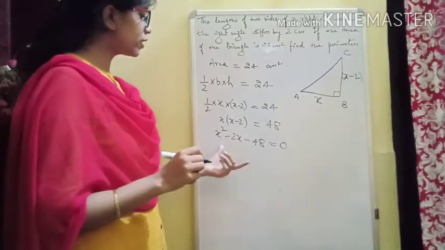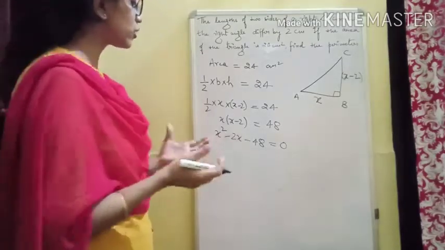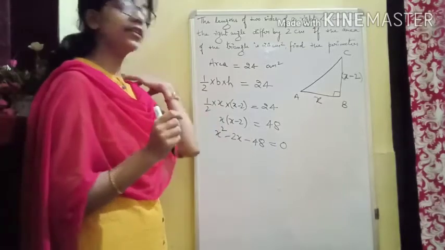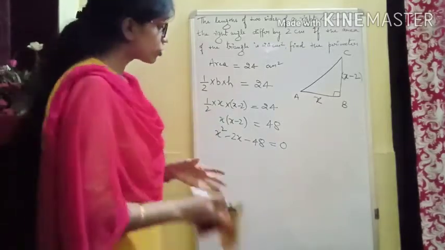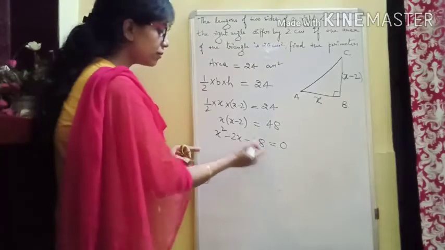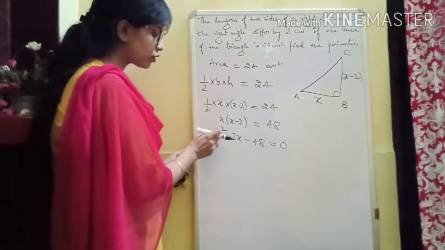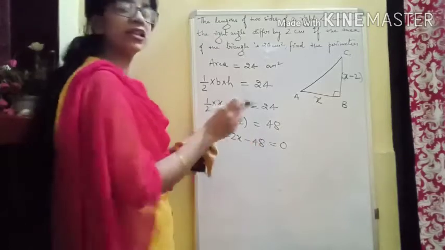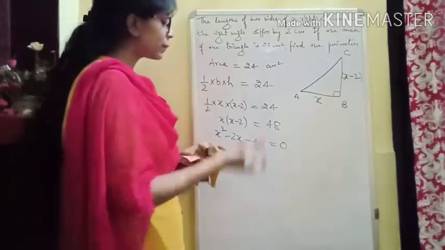Now if you see, to calculate x, this is the same problem, a similar question where we split the middle term into two, like we did in exercise 4D. So what to do? We take the coefficient of the x square term and the constant term, we multiply, and we find the prime factorization.